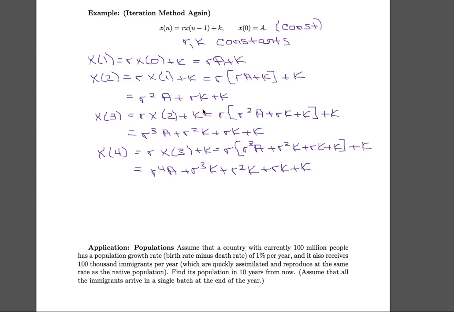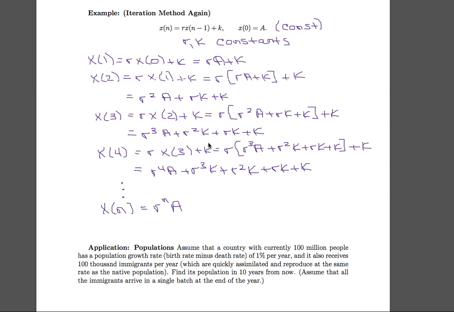There's stuff involving A and stuff involving K. And so if I generalize this, I notice that the stuff that involves A is R to the power n times A, right? So R to the 1 times A, R to the 2 times A, R to the 3 times A, R to the 4 times A.